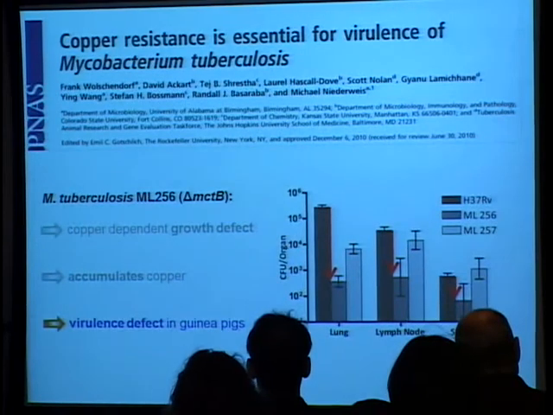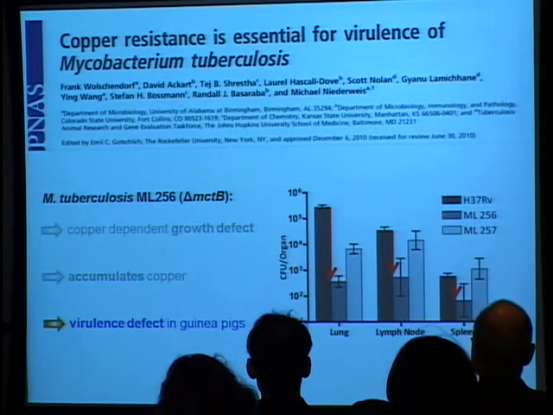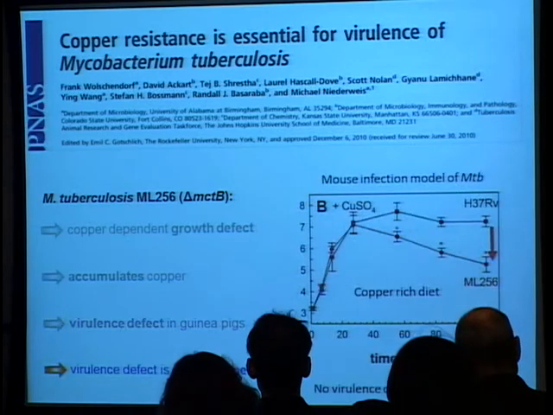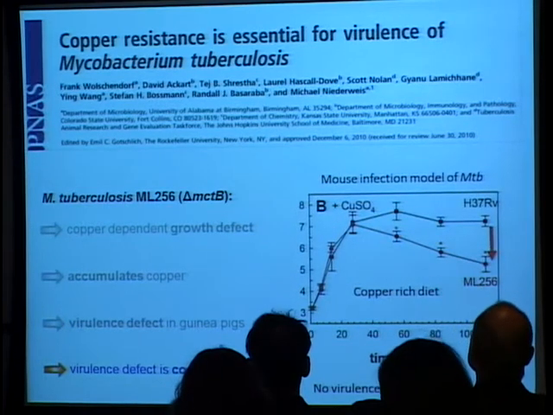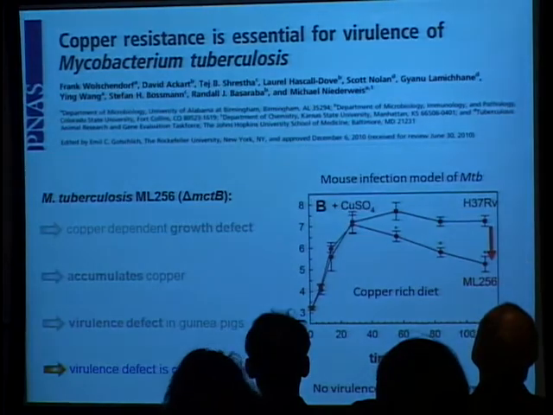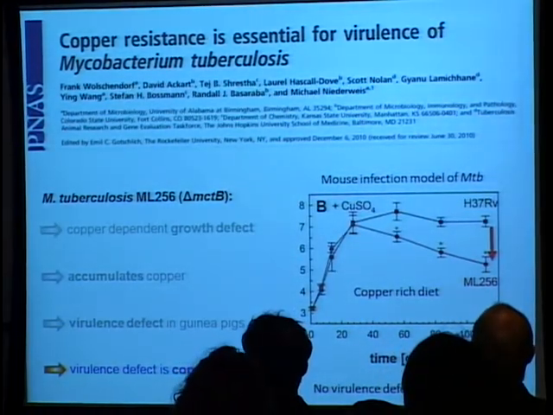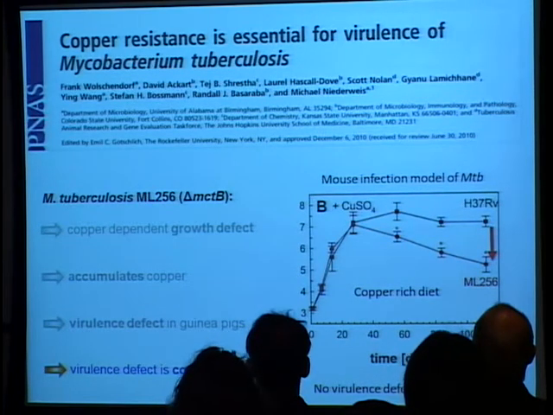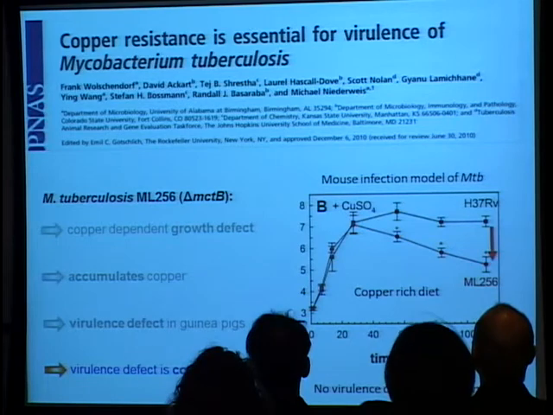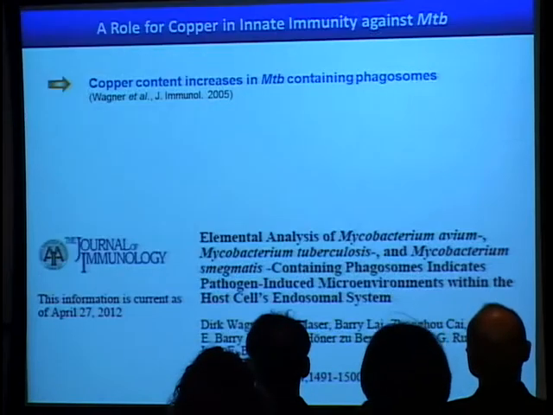To our surprise, this mutant also had a very severe virulence defect in guinea pigs and also in mice. These data indicate two things. One, Mycobacterium tuberculosis is exposed to elevated copper levels during the course of infection. And second, it requires resistance mechanisms to cope with these stresses.